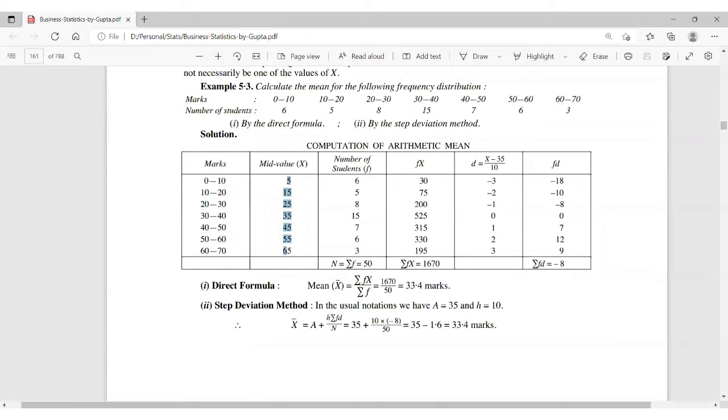Sir, for 10 to 20, will it be 0 to 20? No, 10 to 20. Sir, 15. Then that means we have to find the midpoint. We add the lower limit and upper limit and divide by 2.